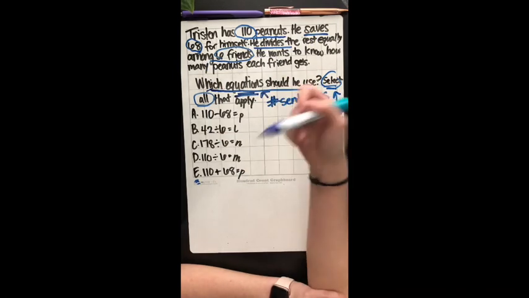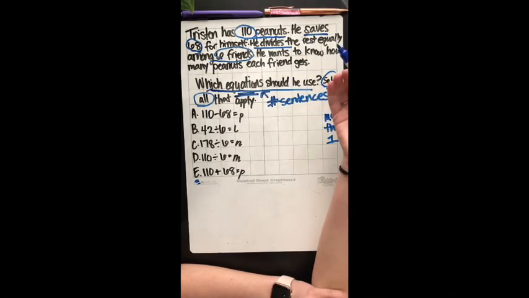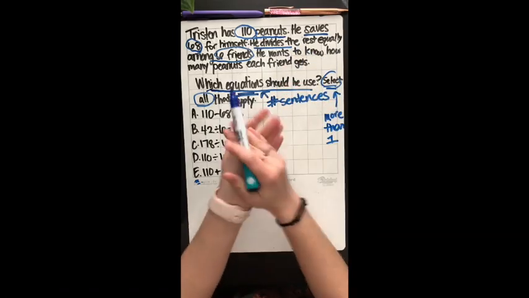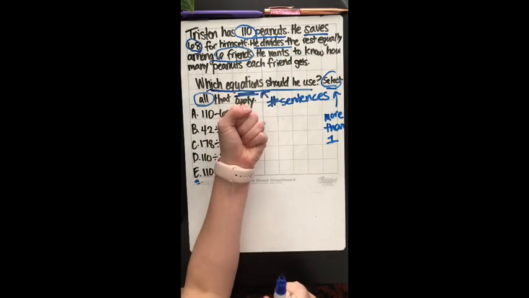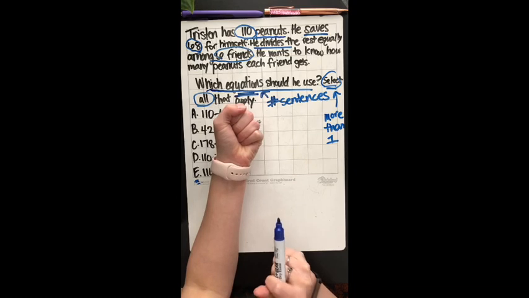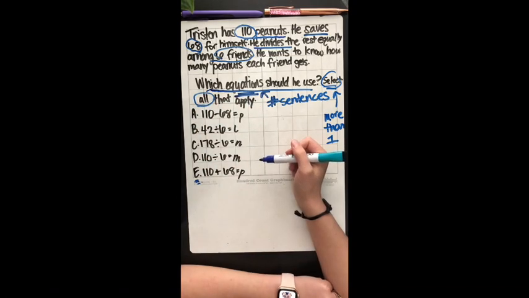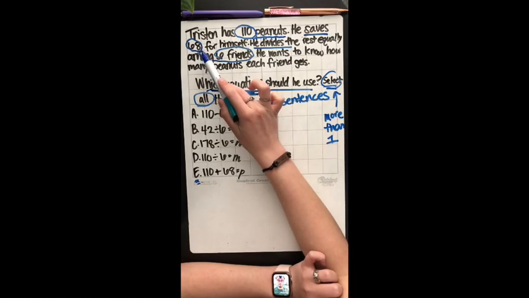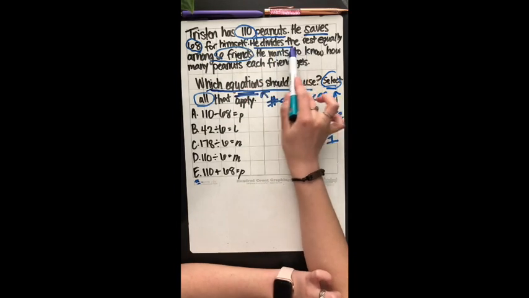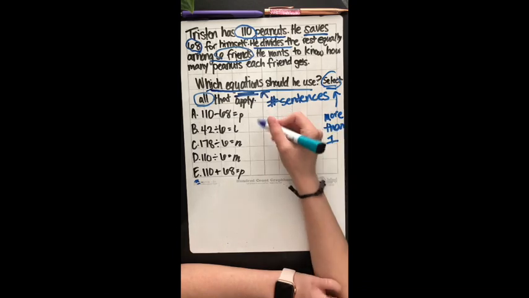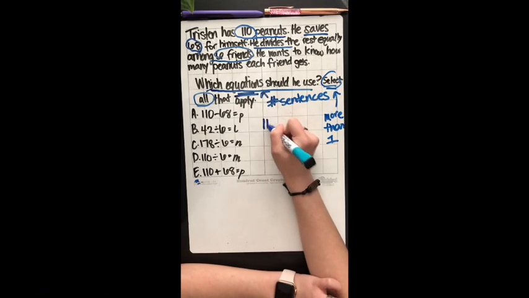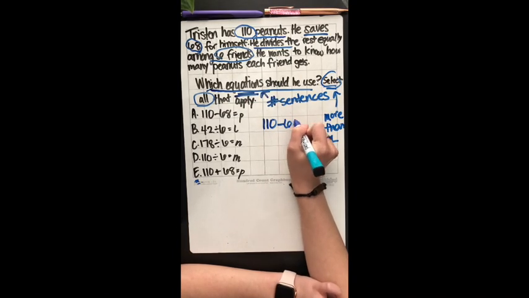Would that be addition, subtraction, multiplication, division? If you have some, but you're saving them for yourself, what operation would you use? It should be subtraction because we want to see how much he has left over to divide for his friends. So my first step would be 110 minus 68.